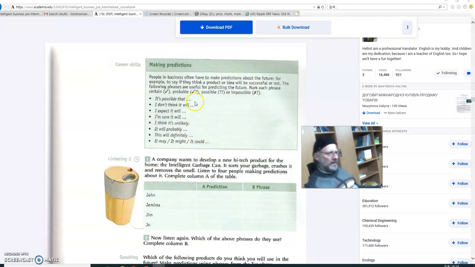So we have people in business often have to make predictions about the future, and they use these expressions. Okay, so it's possible that, I don't think it will, I expect it will, I'm sure it will, it will probably, this will definitely, it may, it might, it could. So let's select one and make a prediction together here. So let's see.